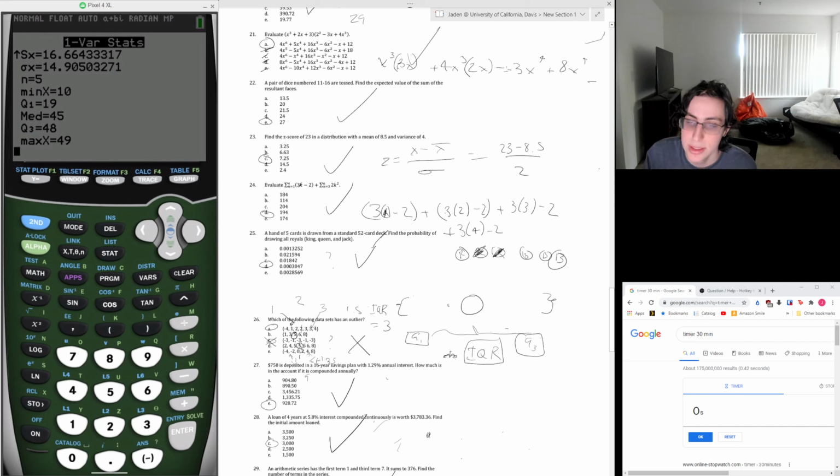$750 is deposited in a 16-year savings plan with 1.29% annual interest. How much is in the account if it is compounded annually? Okay.